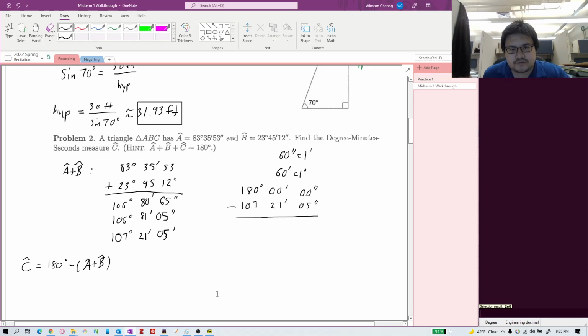Now we can't do 0, 0 minus 0, 5, so we need to bring the values down. So I'm going to turn this to 79, and then if we did this in stages, we were transforming 1 degree into 60 minutes, but then we're going to end up propagating that along as well, because we need to go all the way down to here.